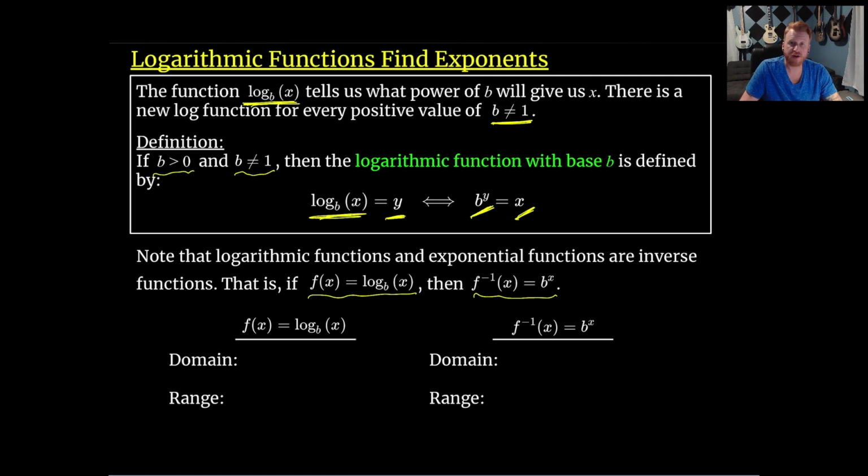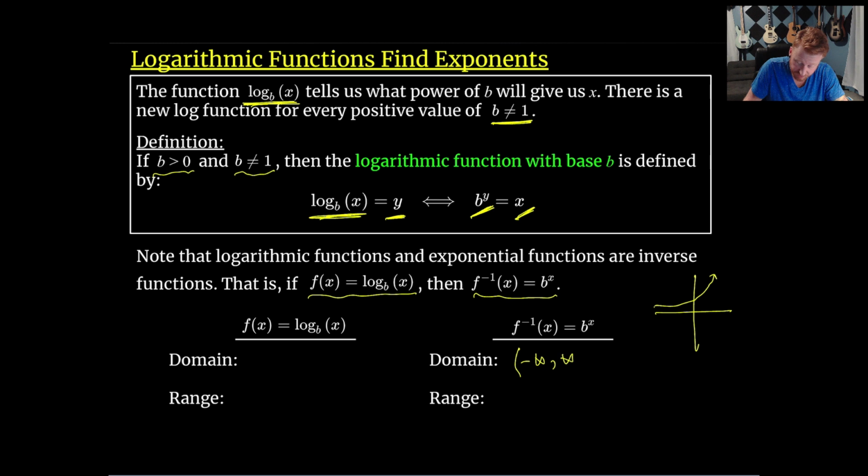So if we want to talk about finding the domain and the range of the log function, it can be helpful to look at the domain and the range of exponential functions, since we already know what those are. So just drawing a quick little graph of the exponential function here, just some random b to the x. We see that the domain is plug anything in. There's no restrictions on the domain.